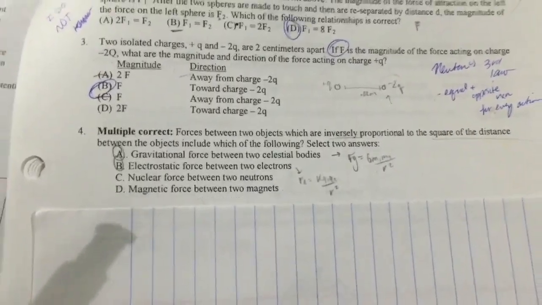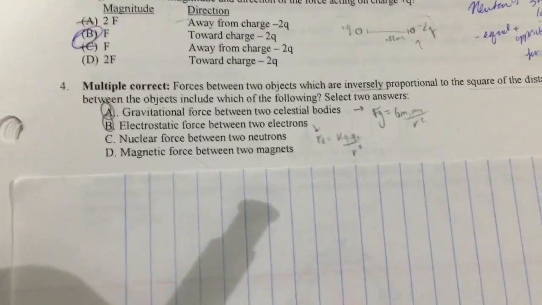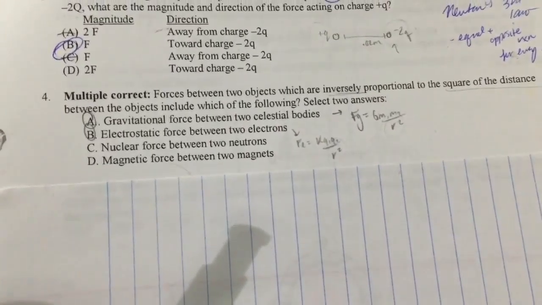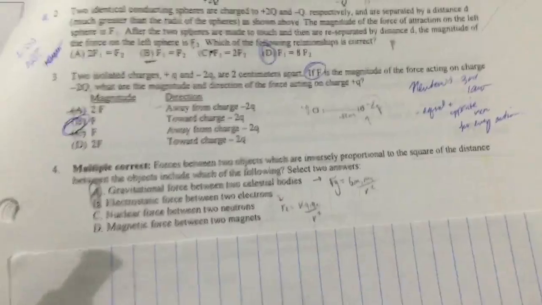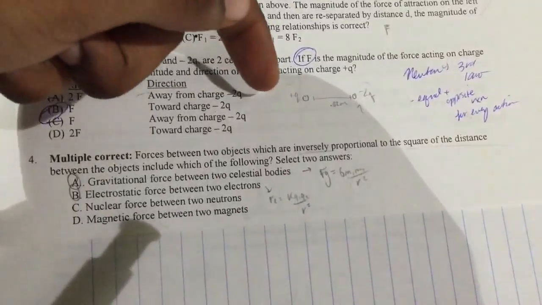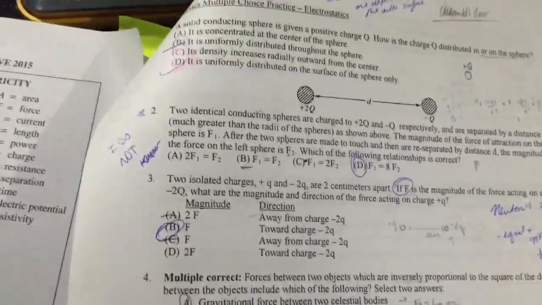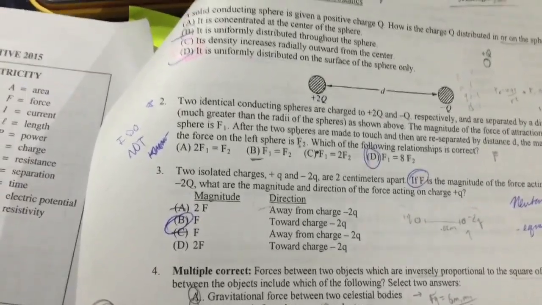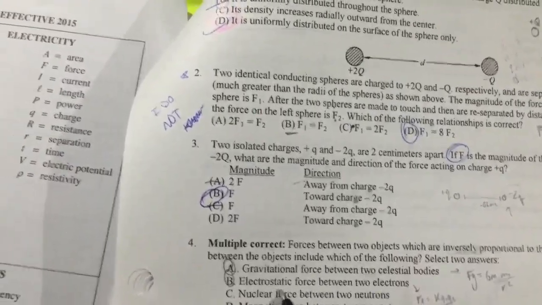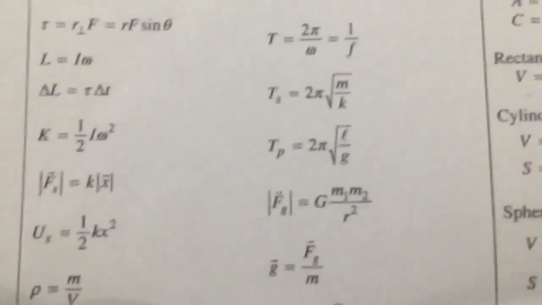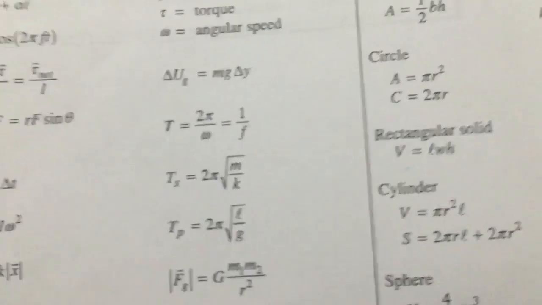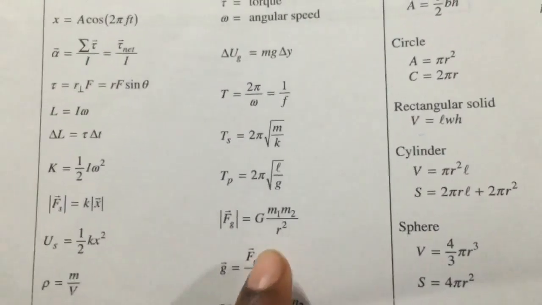They both have the distance squared in the denominator, which is inversely proportional to the square of the distance, the radius. So choices A and B, the gravitational force between two celestial bodies and the electrostatic force between two electrons. As you can see in the reference table, they have similar structures.